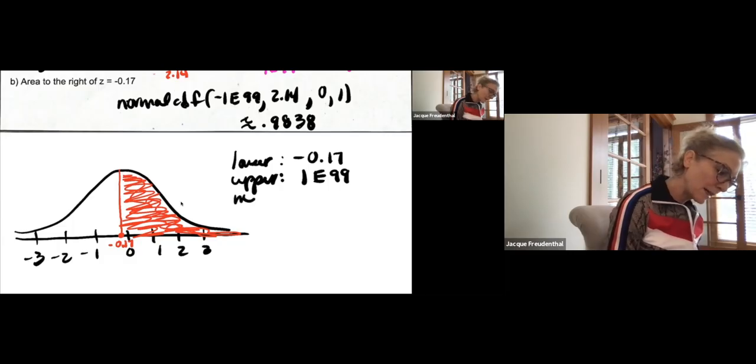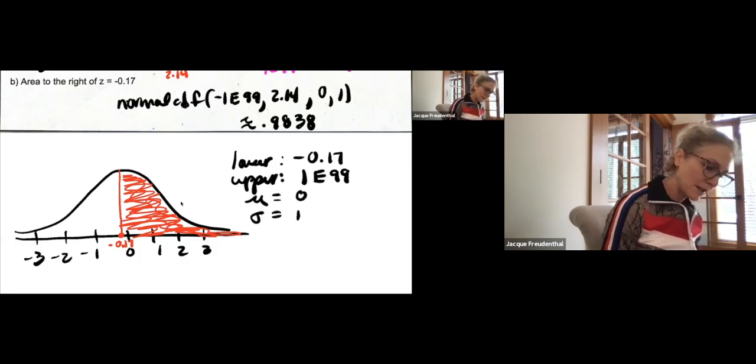And then you'll have the mean and the standard deviation. The mean is 0, standard deviation is 1. So you get normal CDF, then negative 0.17, 1E99, 0, and 1.